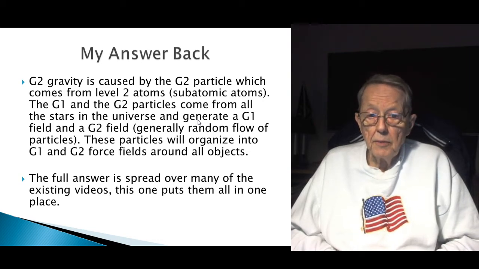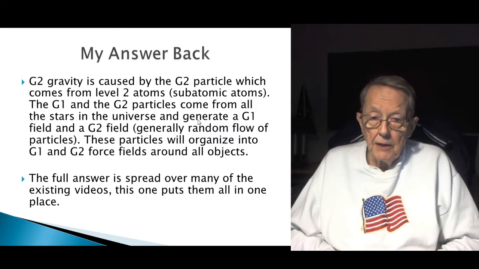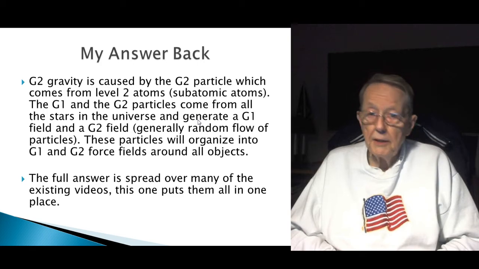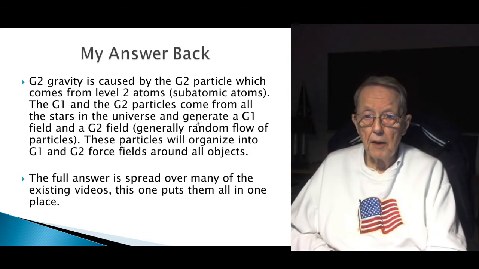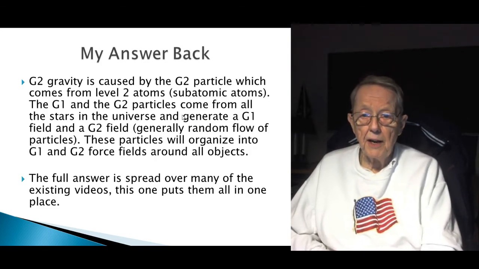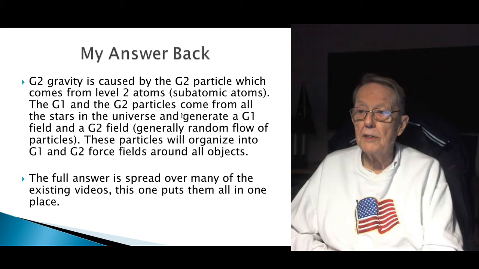Generally, the G2 field is a random flow of particles. These particles will organize into a G1 and G2 force field around all objects. I tried to explain this, I think, over a series of many different videos, but I thought Bob's question was valid and other people may have the same question, so we're going to talk about it.